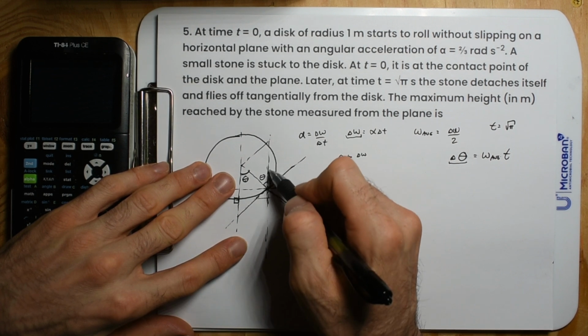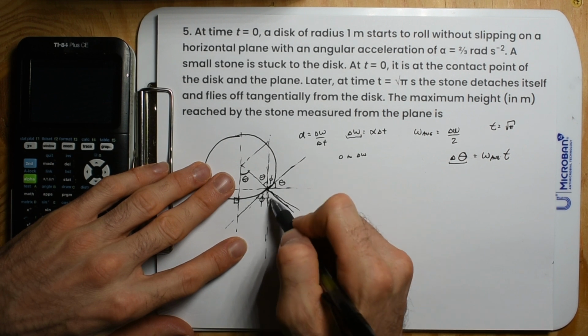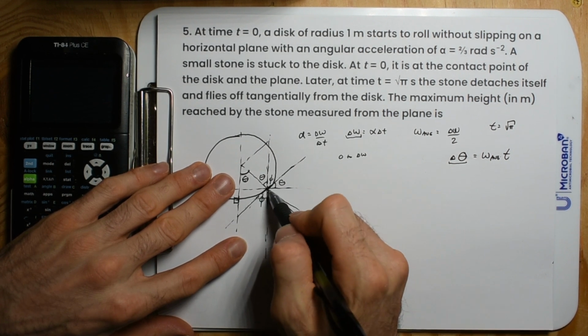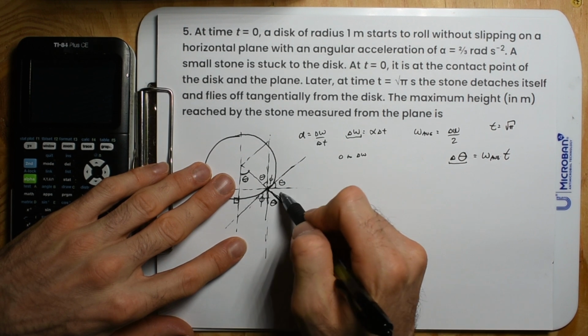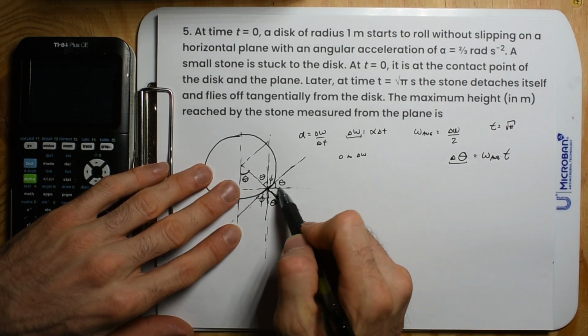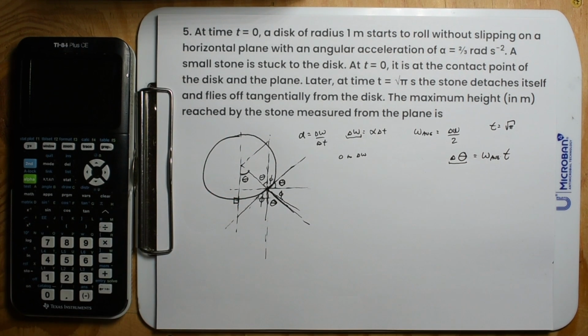So if this is phi, then this is phi. And this is another 90-degree angle, so this has to be theta. And then if this is theta, and this is a 90-degree angle, this has to be phi. And if this is phi, this is another 90-degree angle, this has to be theta.